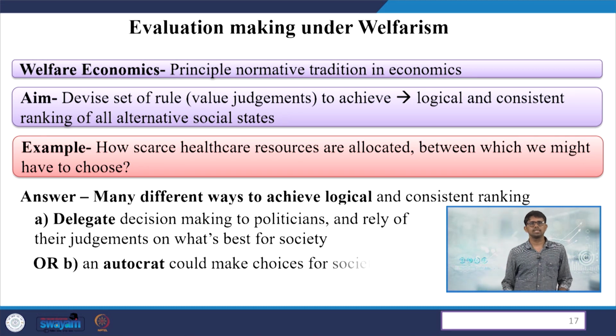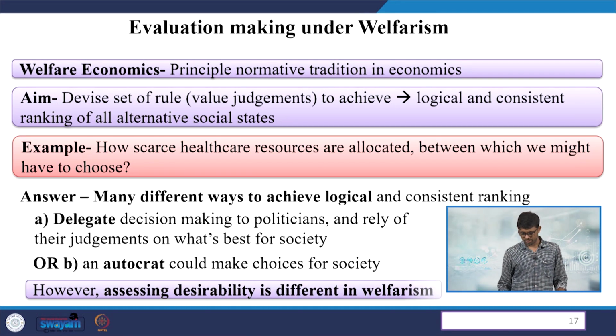There are many different ways to achieve this allocation, maybe through delegating decision making to politicians and relying on their judgments of what is best for societal need, or an autocrat. A democratic format might make it further confused. Hence, in these two directions, there is a possibility of a clear choice. However, assessing desirability is different in the welfarism context.